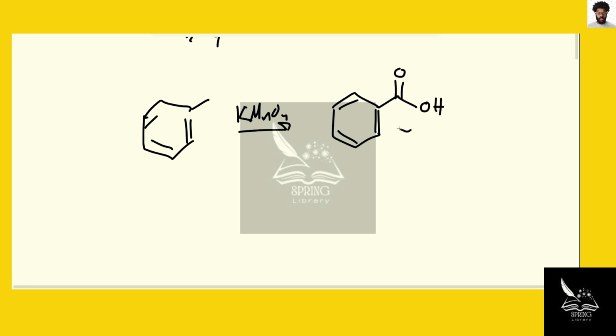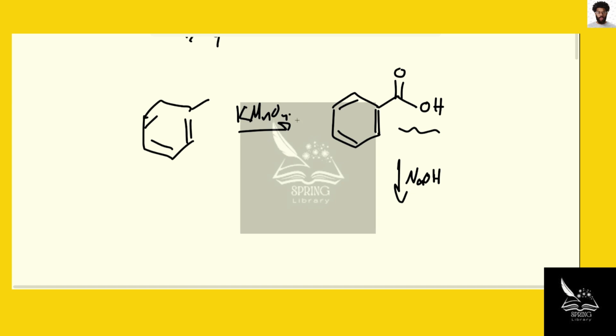Why do I think we're making this? Well, because we're told that we're going to take whatever product we get out and neutralize it with sodium hydroxide. So we're probably making some kind of acid. That's where my logic is going here.